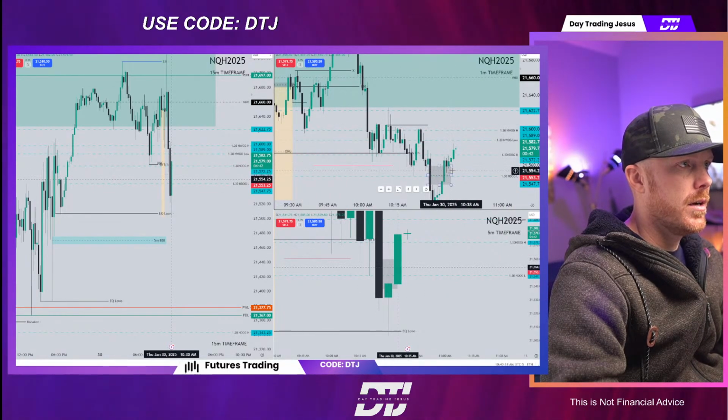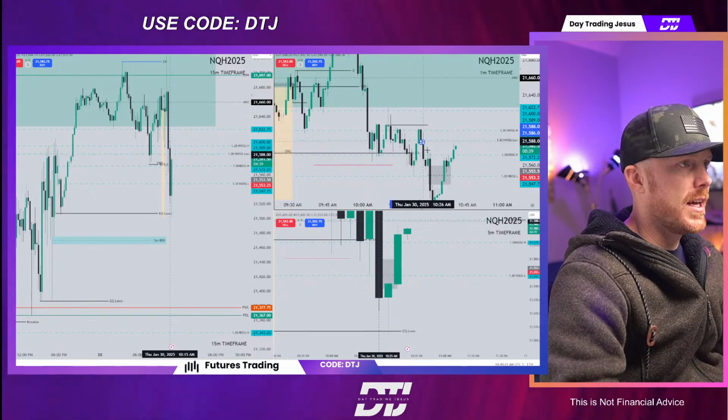We have equal highs here. This for a quick scalp doesn't look bad.